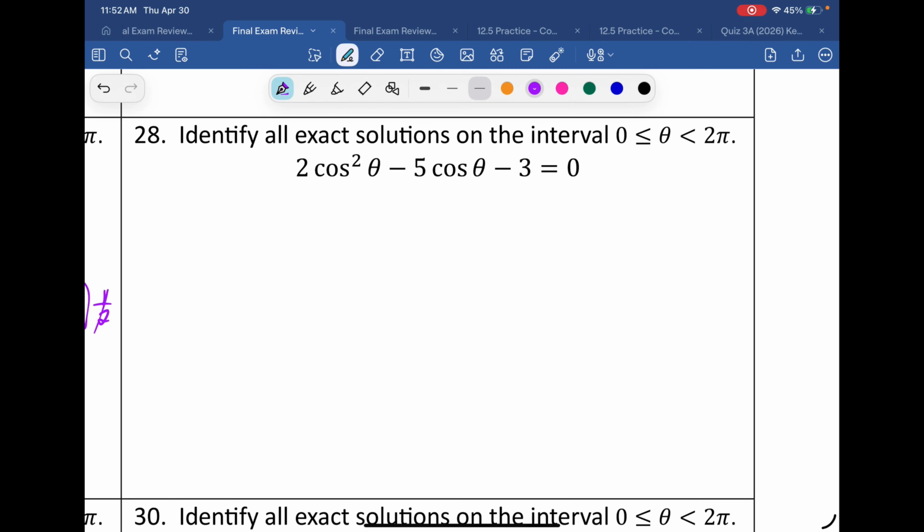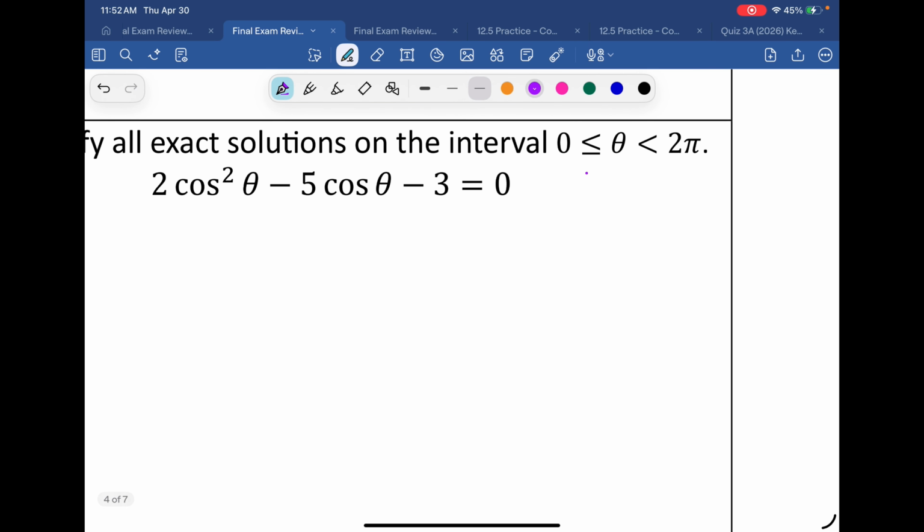Find all exact solutions on the interval 0 to 2 pi. Again, limiting our answers. This is quadratic because you have the 2 cosine squared, linear, constant. So this is a quadratic function, so we're going to factor it. And again, remember I do this by simply switching cosine to x. So I want factor pairs of -6 that add to be -5.